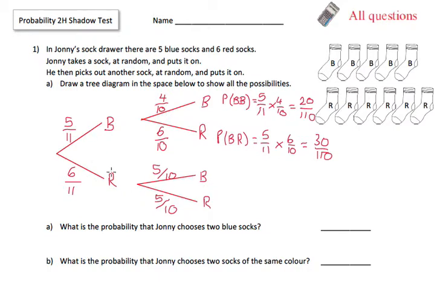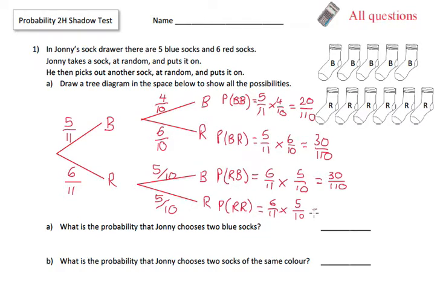Okay, the probability he chooses a red then a blue is 6/11 times 5/10, which is again 30 over 110. And then finally, the probability he chooses a red and a red is also 6/11 times 5 over 10. Which again is 30 over 110.